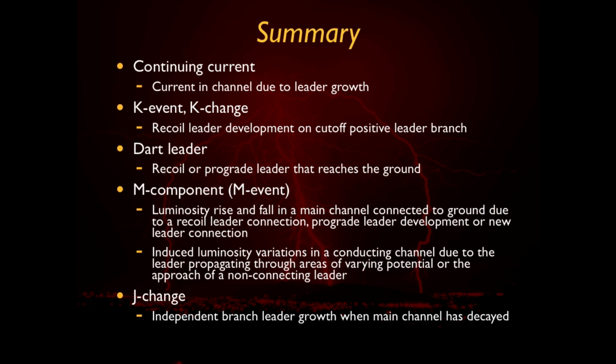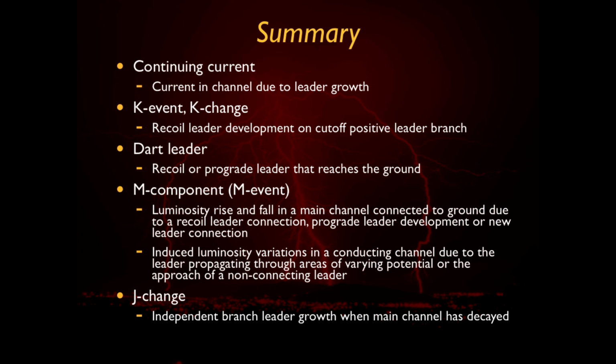The leader doesn't reach cloud charge and essentially plug into it like a battery and cause a continual arc between that cloud source. It actually propagates into the charge region, into the potential well, and continues to propagate until the potential leader difference decays to the point that the leader stops propagating and the leader itself decays.